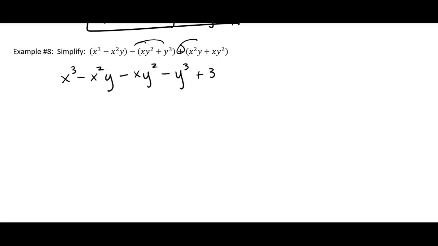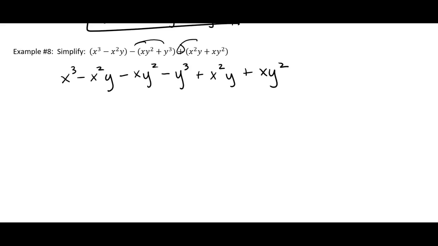Plus x squared y plus xy squared. So it's tricky because you have to make sure you get the right exponents on the right variables. Okay, it makes a difference if I put that square on the y or if I put it on the x. So just take your time and check your copy work, make sure you copy it right, okay?